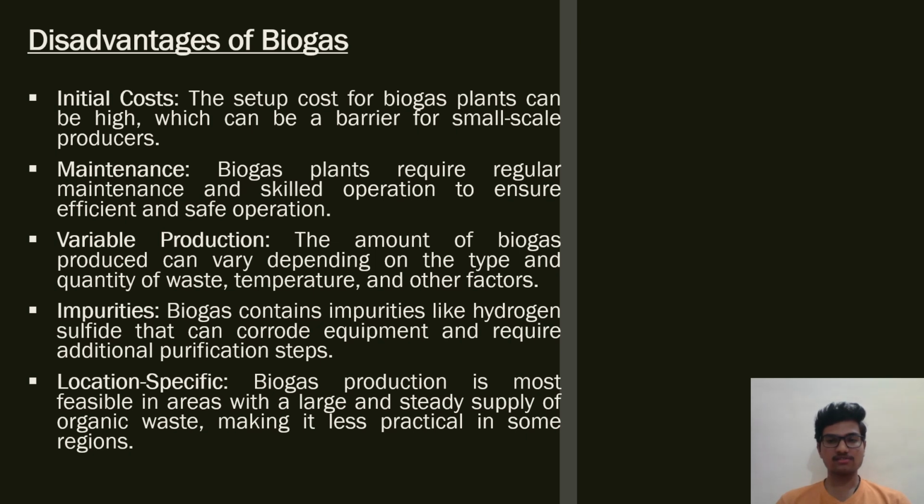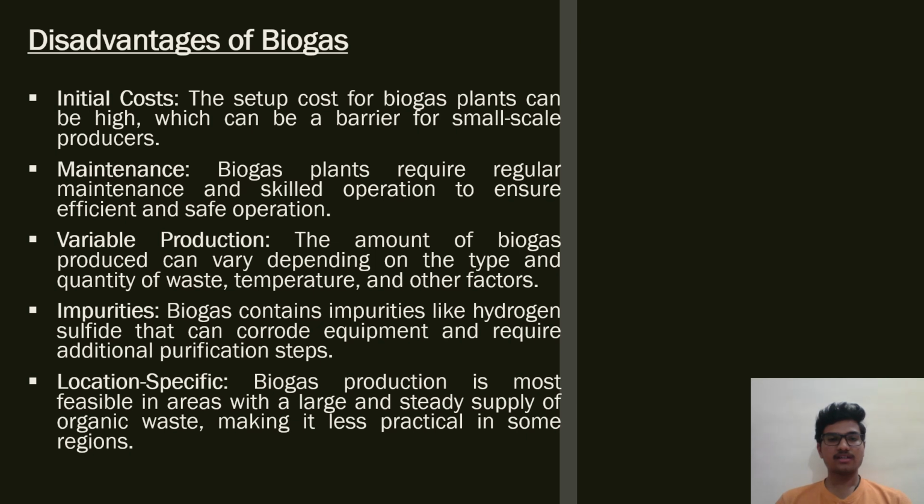So coming to some of the disadvantages of biogas. Initial cost: the setup cost for a biogas plant can be high, which can be a barrier for some small scale producers. Maintenance: biogas plants require regular maintenance and skilled operation to ensure efficient and safe operation. Variable production: the amount of biogas produced can vary depending on the type and quantity of waste, the temperature and other factors also.